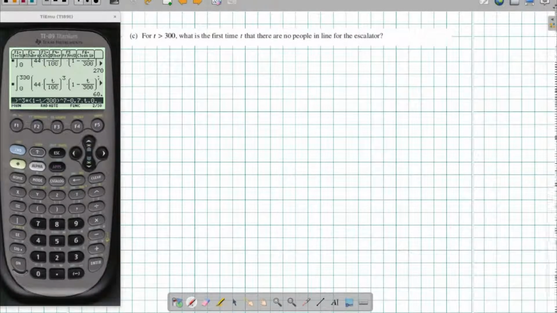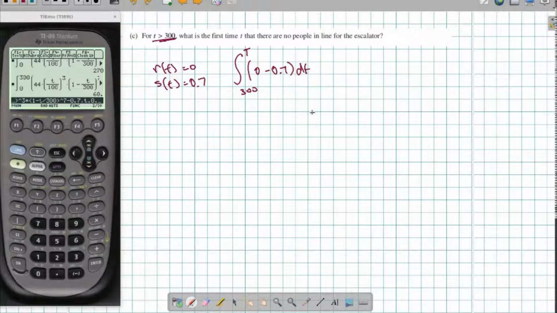For part C, it says for t greater than 300, what's the first time t that there are no people in line for the escalator? So for t greater than 300, r of t is 0, and s of t is still 0.7. So I want to integrate from 300 to some unknown t value, and I want to integrate 0 minus 0.7 dt.